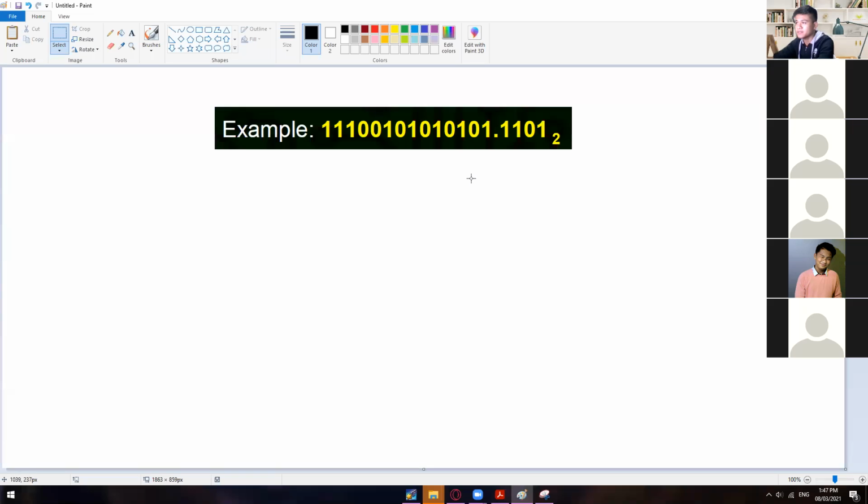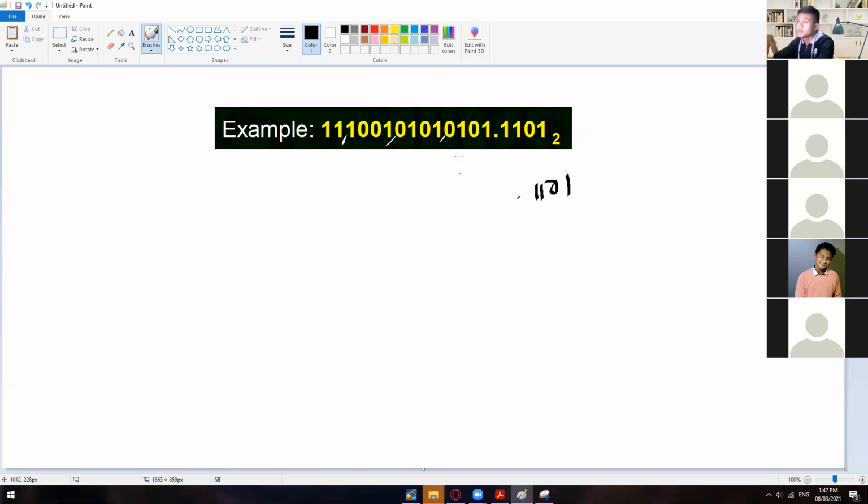The first step is to group this by 4-bit binary combinations, starting from the lowest bit. So we have 1011, then let me separate this one. 1 2 3 4, 1 2 3 4.